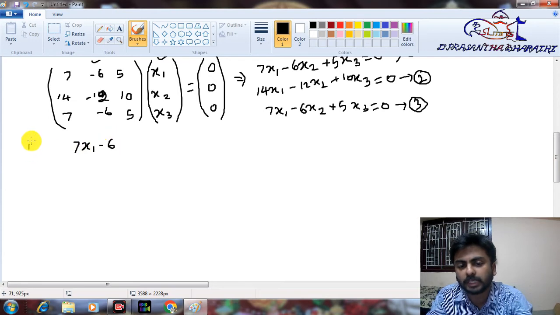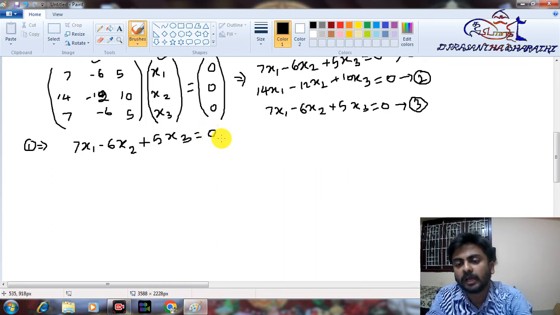We are taking this equation from equation 1. So this is the only equation that we can take from these three equations because they are all identical.